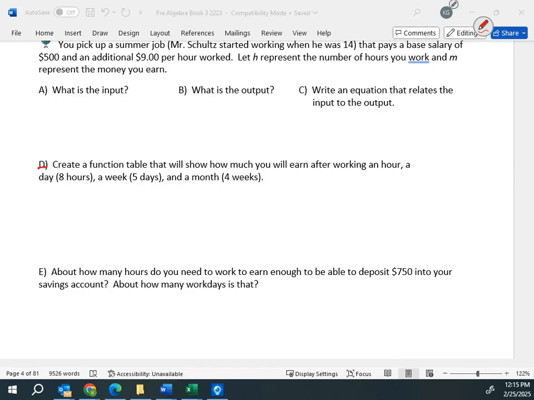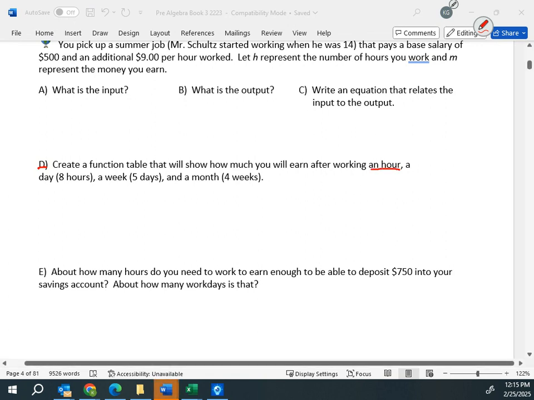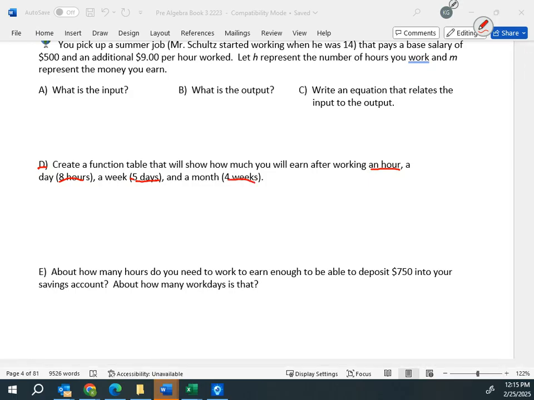So if we look at D, it says how much will you earn after working an hour? 8 hours, 5 days, 4 weeks, it's all that time. So we know our input is going to be hours. What's the output going to be? Hadley? Money. How much are you going to earn after working all of this?